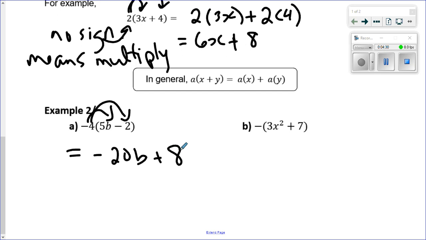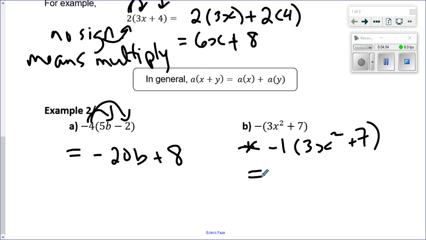Now, this one's a bit of a trick. And you know how I've been emphasizing this all semester long: just because there's a negative sign in front of it doesn't mean that there is no number. And this is a big part where it comes up. Really, we have a -1 in front of everything in the brackets.